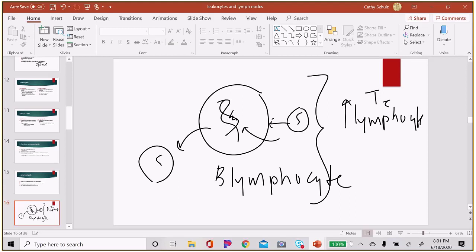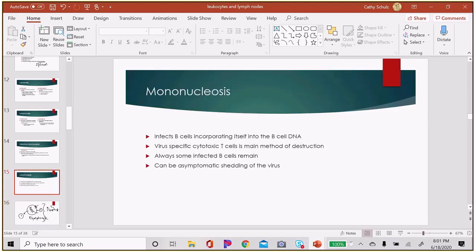And then that would connect via that MHC1 receptor to this virally infected B lymphocyte and destroy it. That would be how our own immune system would take care of that. There probably will always be daughter cells or some B lymphocytes that have Epstein-Barr virus in them.